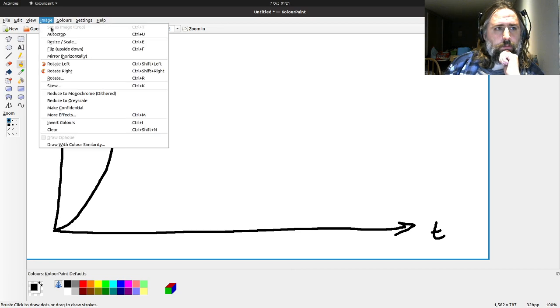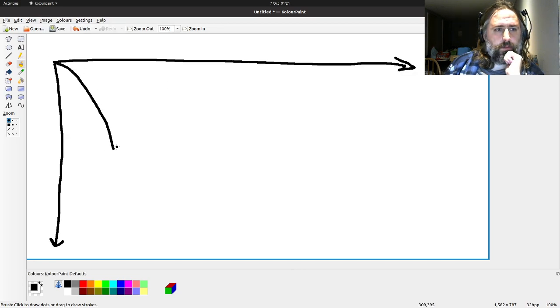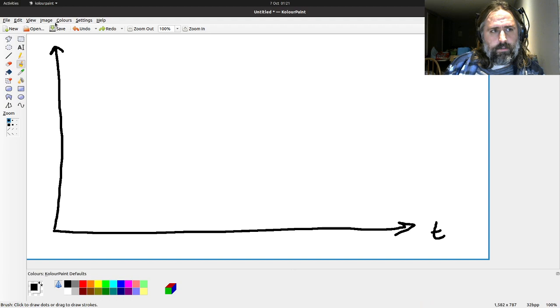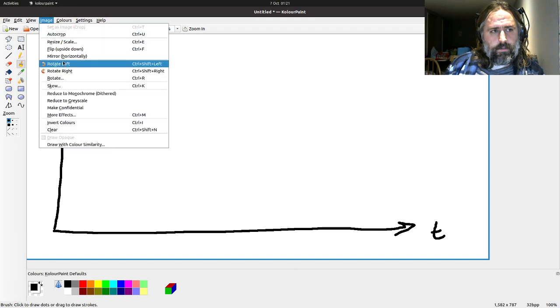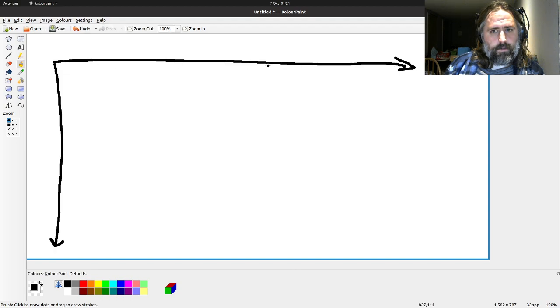I mean, I don't know why I've drawn it this way. It would make a lot more sense upside down. There we go. So everything falls at the same rate. The derivative is just a straight line. Or, wait. Yeah. Whoa.